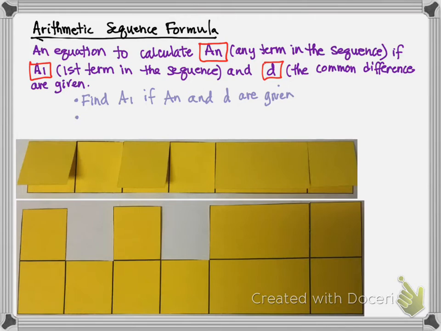And another possibility would be we could find n, which is how many terms are in the sequence, or d, the common difference between the terms, if the rest of the information is given. So we're not just going to go one direction when we solve this. We're going to go all sorts of different directions.